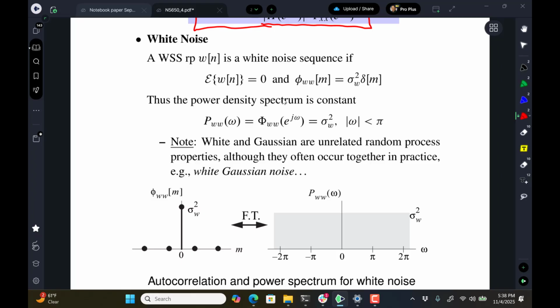And thrown also into the definition is the fact that the mean is equal to 0. But the whiteness comes from having a delta function be the autocorrelation function, so that when Fourier transformed, the height of the power spectrum just becomes sigma sub w squared. Good?